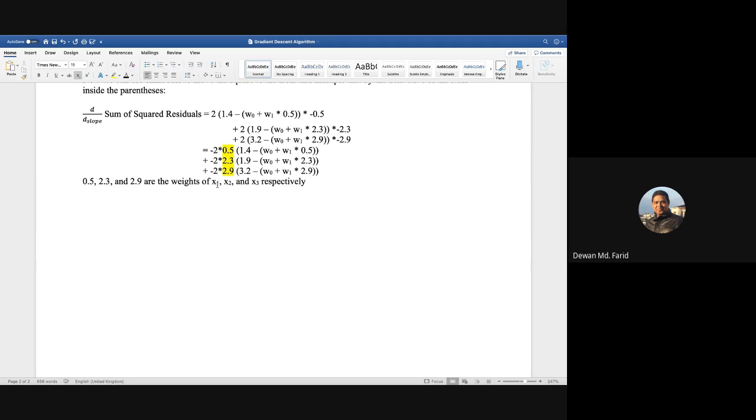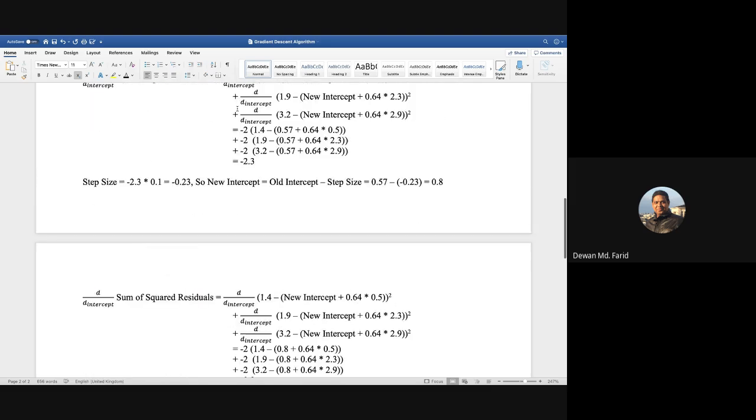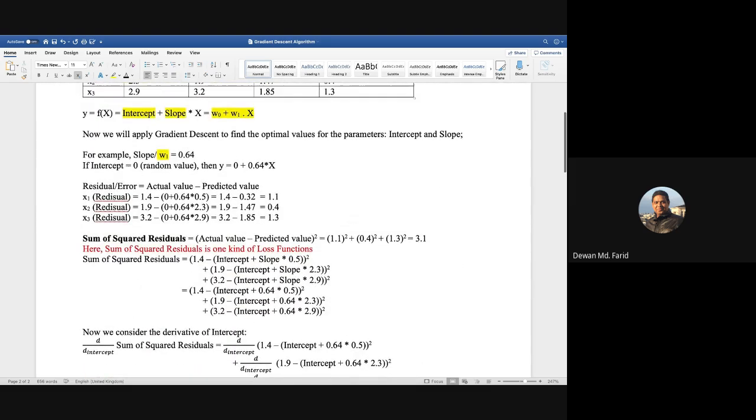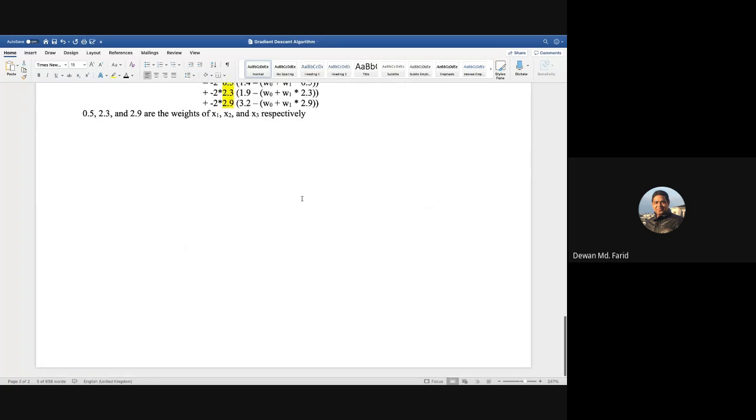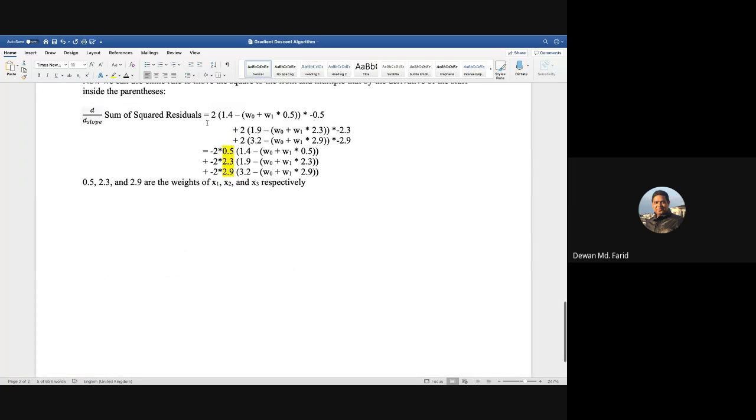So initially we considered the value for intercept was 0, right? Is it clear? Yes, sir. And now we are considering two random points like this.